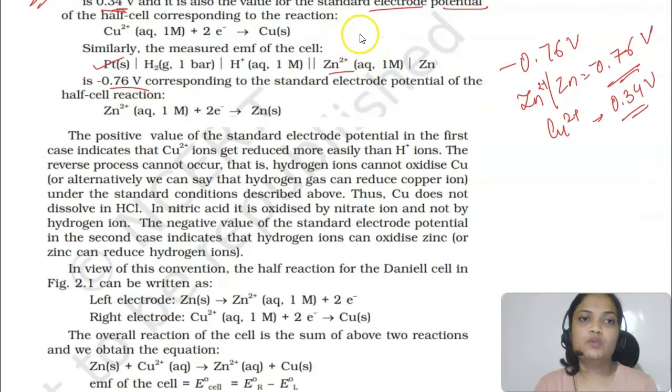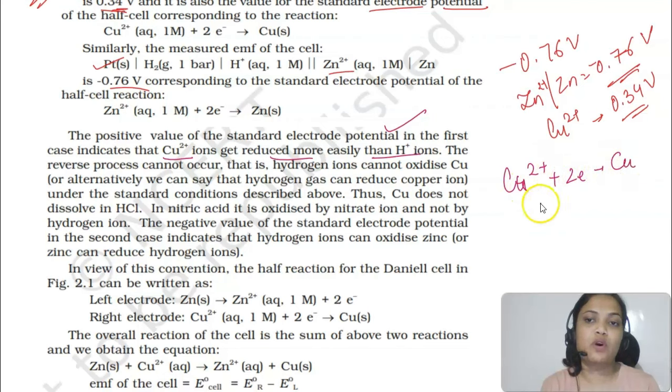So students, what do these positive and negative values indicate? The positive value of the standard electrode potential in the first case indicates that the copper 2 plus ions get reduced more easily than H plus ions. Meaning if electrons are present, copper 2 plus ions will readily gain electrons to convert to copper rather than the hydrogen ions. That is what this positive reduction potential or electrode potential means.